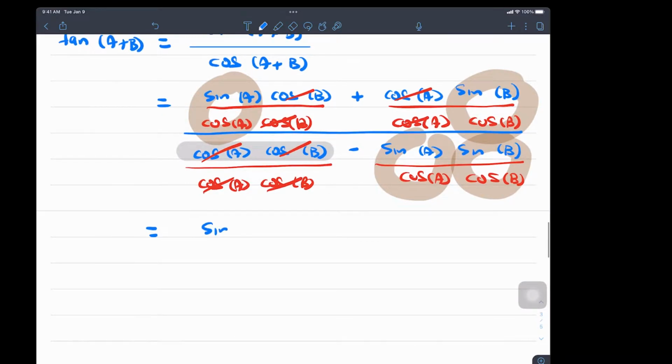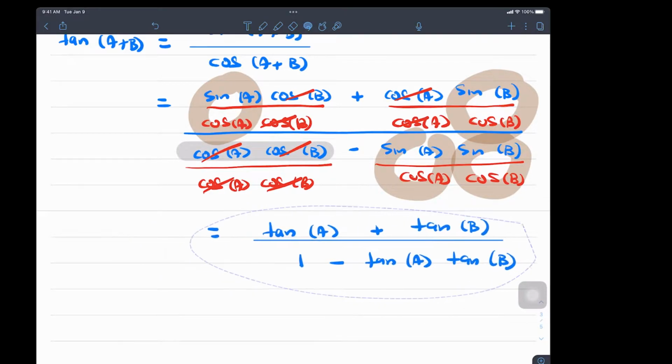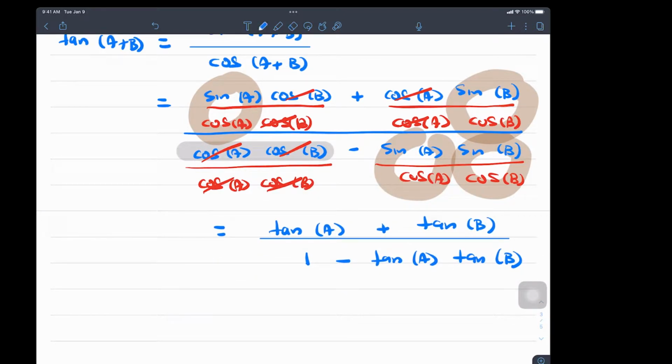So you get sine over cosine. What's sine over cosine? Do you guys know? It's tangent. So you get tangent A plus tangent B over 1 minus tangent A tangent B. That's tangent of A plus B.